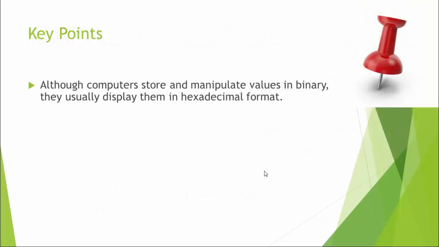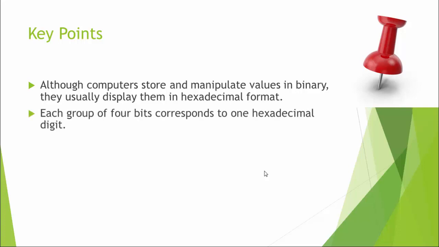Alright, so key points for today. Computers store and manipulate values in binary, but usually display them for us in hexadecimal format. Each group of 4 bits, each nibble, corresponds to 1 hexadecimal digit.